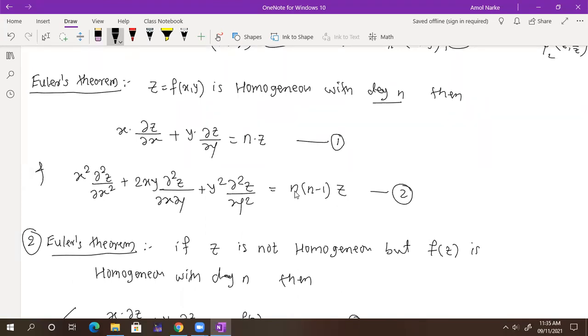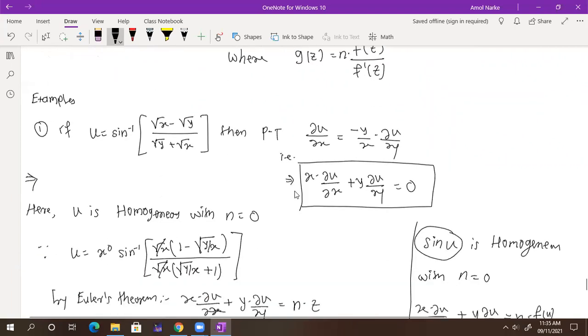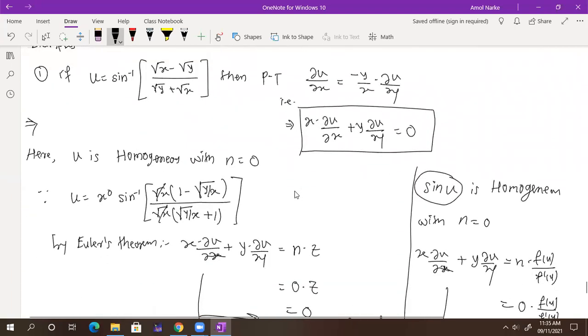Here I have u, which is sine inverse of root x minus root y divided by root y plus root x. From the numerator I take root x common, and from the denominator also root x common, so root x gets cancelled. What remains is the sine inverse of a function of degree n equal to 0. So it is homogeneous with n equal to 0.